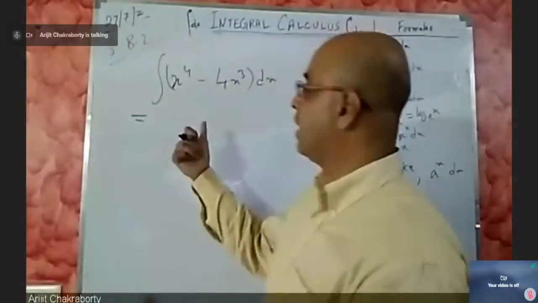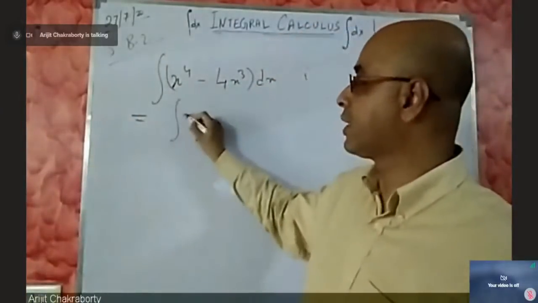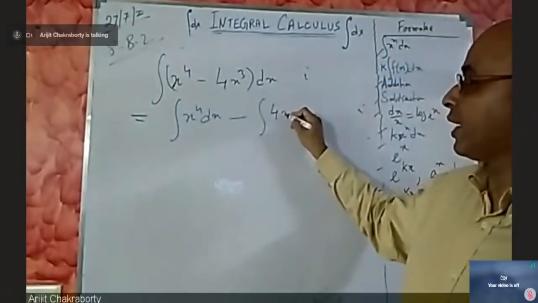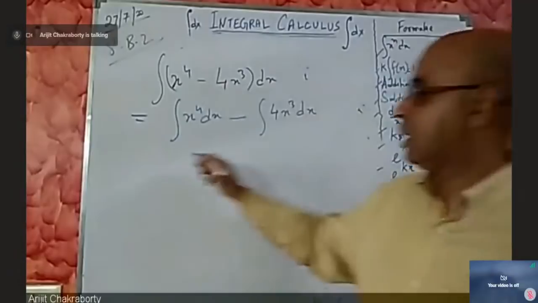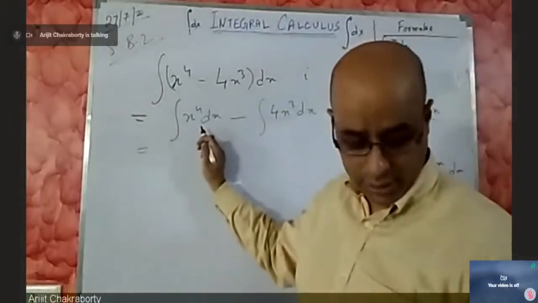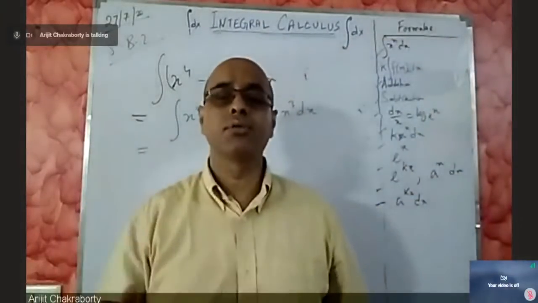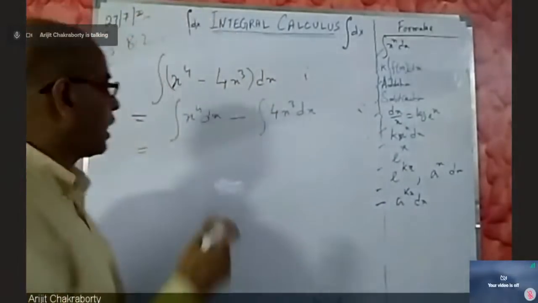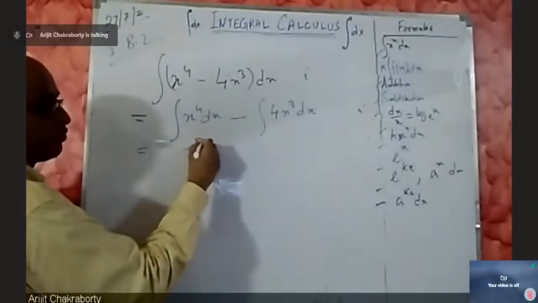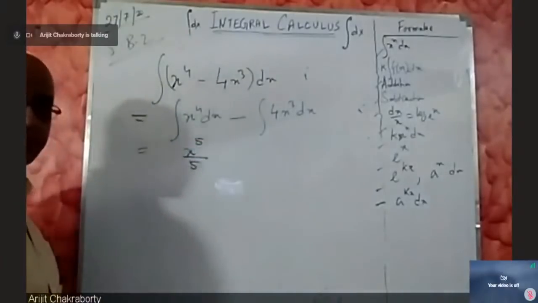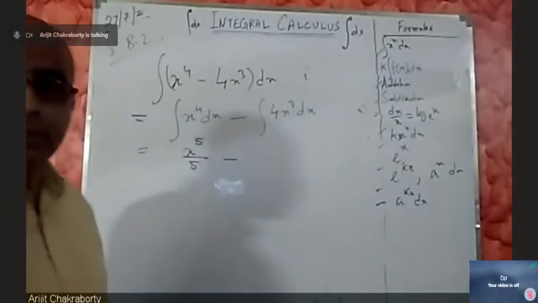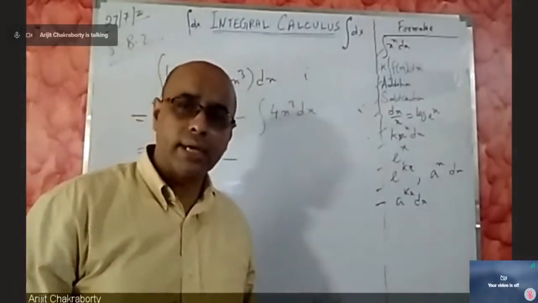So we first integrate x to the power 4 dx minus 4x cubed dx. So x to the power 4 dx is of the form x to the power n, so this becomes x to the power 5 by 5, minus the integral of 4x cubed dx.